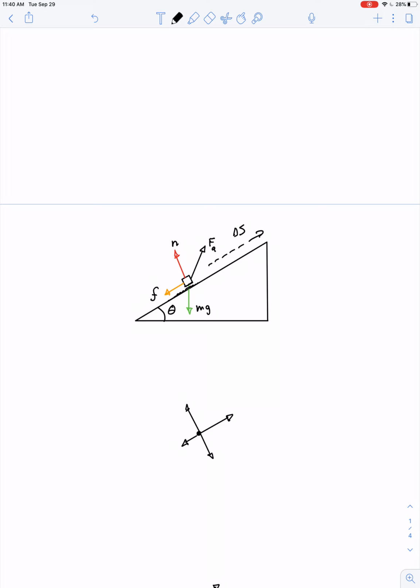So if we make a free body diagram for this block, we can resolve the applied force and the force of gravity into their vector components. So the displacement becomes the x-axis. We always want to make the x-axis the axis for the displacement.